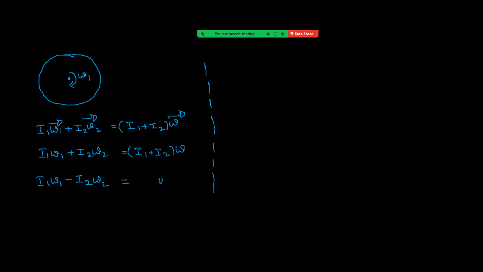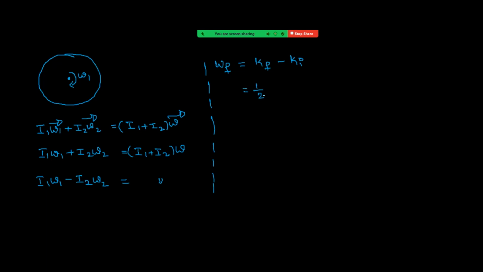That means the work done by friction will be negative. See how to write. By frictional force, the work done is equal to final kinetic energy minus initial kinetic energy. Okay.